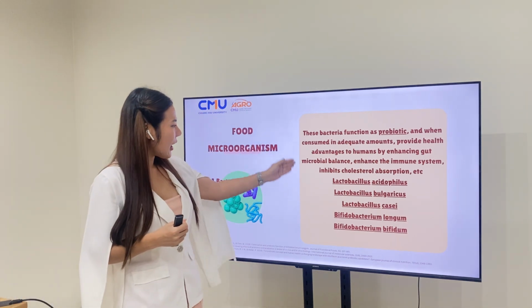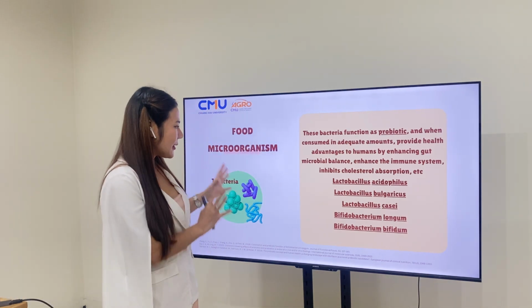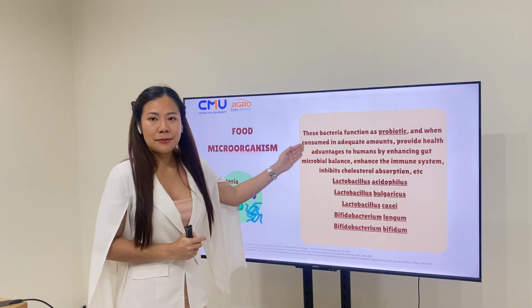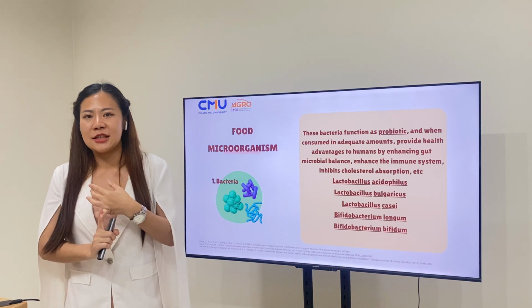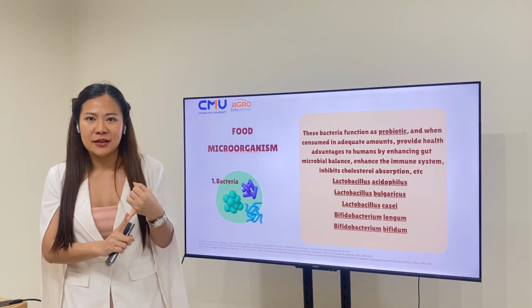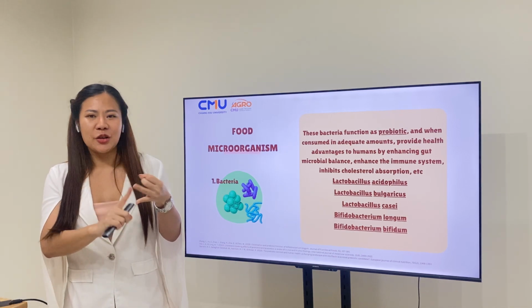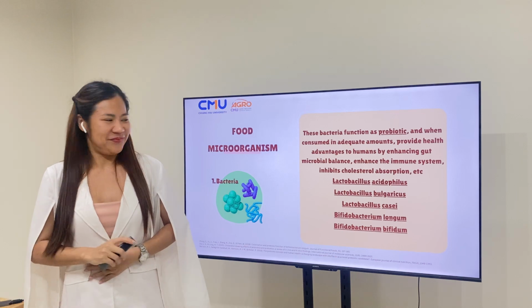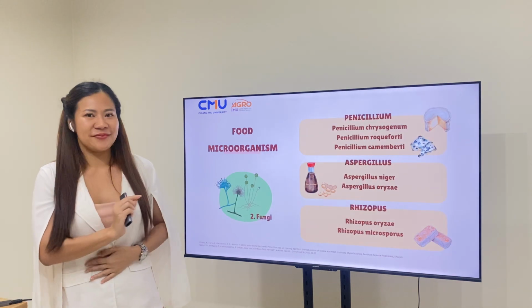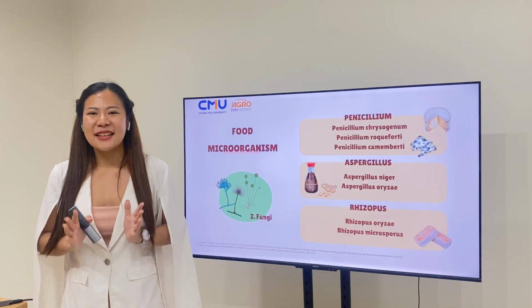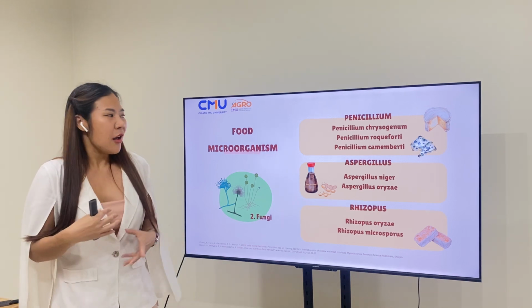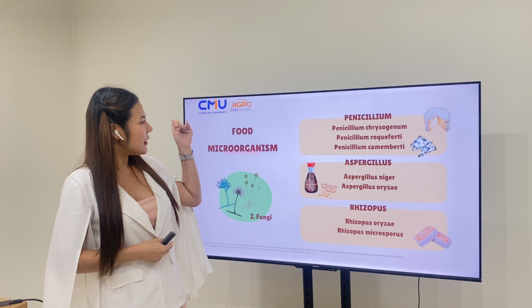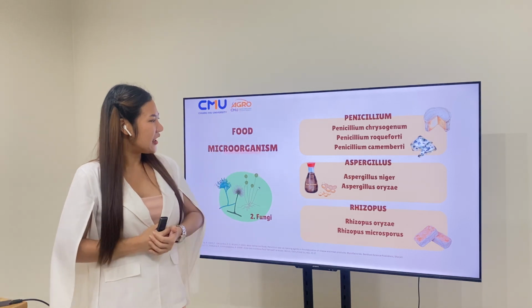Here are examples of bacteria and fungi in this group. Lactobacillus bacteria are often used in dairy production, for example, yogurt, drinking yogurt and cheese. Penicillium is the key fungus used in cheese making, for example, camembert or blue cheese.